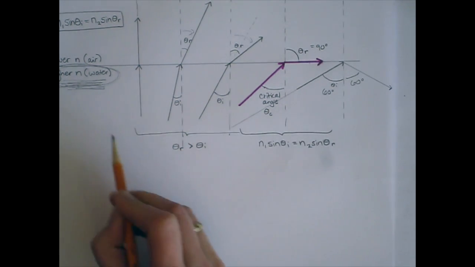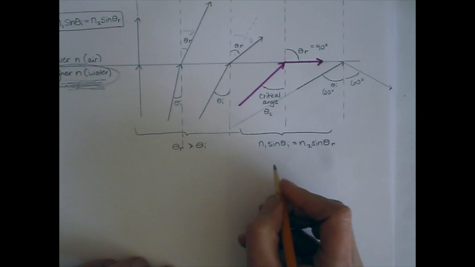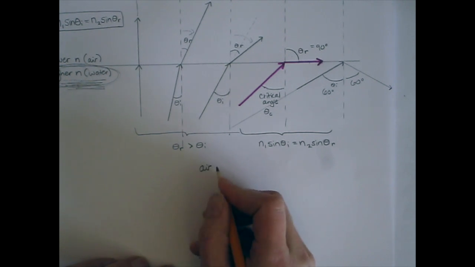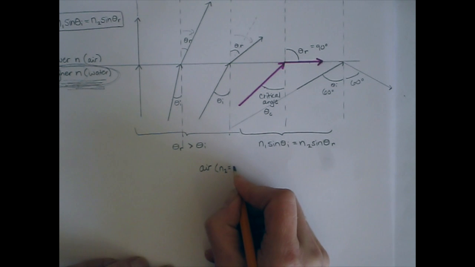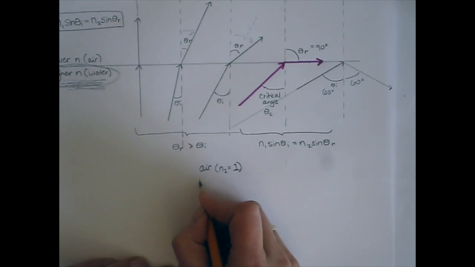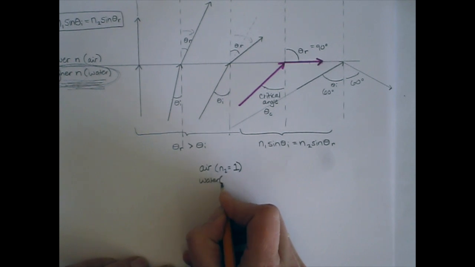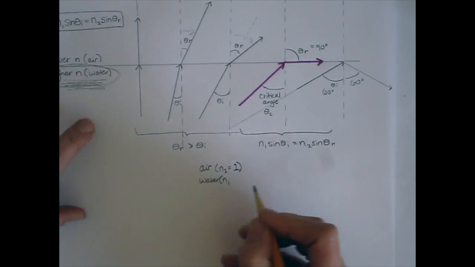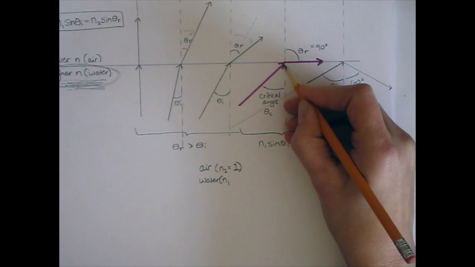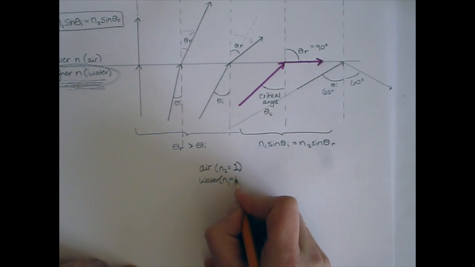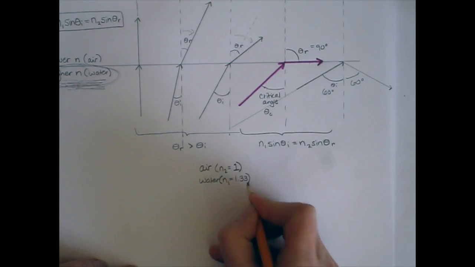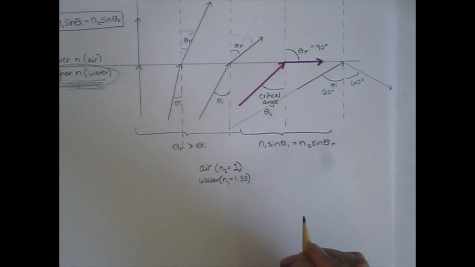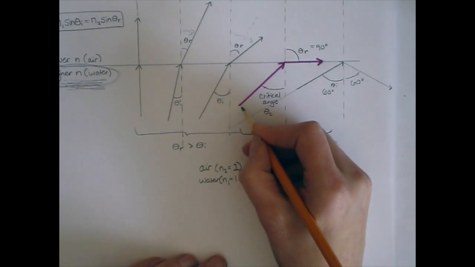Let's presume that we do have air and water. Air is going to be N2, and the index of refraction for air is 1, and water is N1, because the light is first in that material, 1.33.